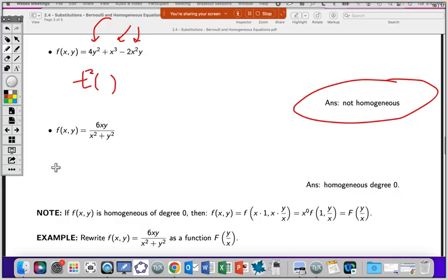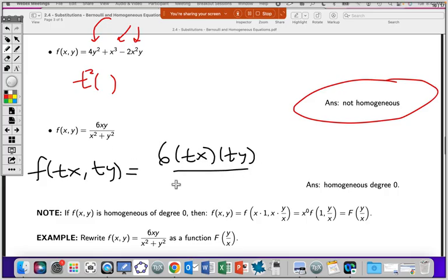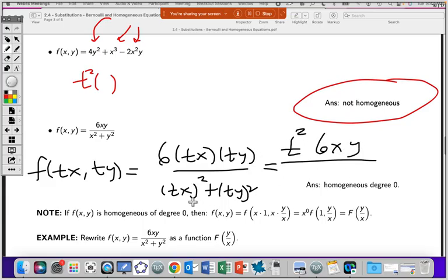Okay. Let's take a look at this next one here, because this is the one that we're going to be focusing on in this course. This type of homogeneity here. If you put in tx, ty to this one, you notice in the numerator you can factor out a t to the what? We're going to get a t squared up there. And down here I'm going to also get a what? T squared you can cancel out.